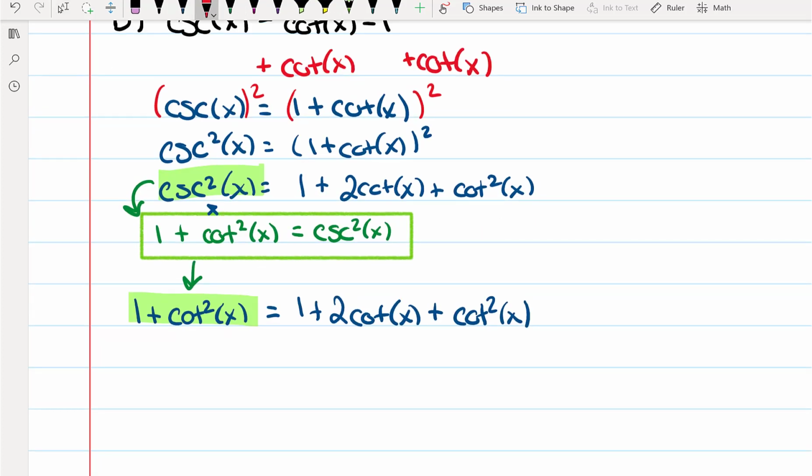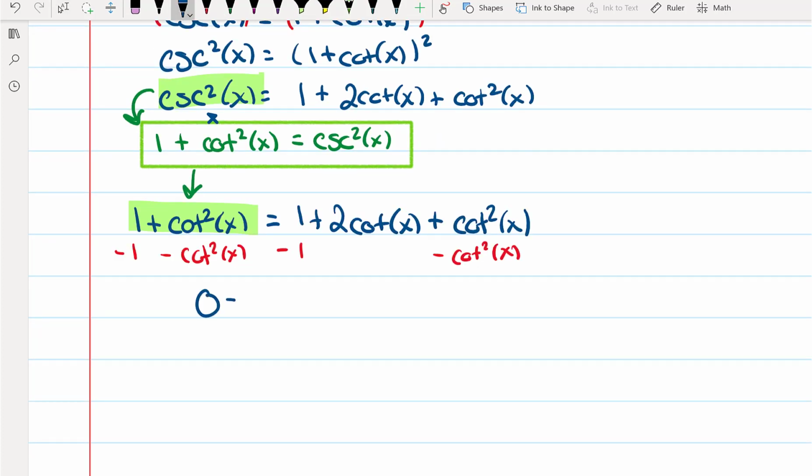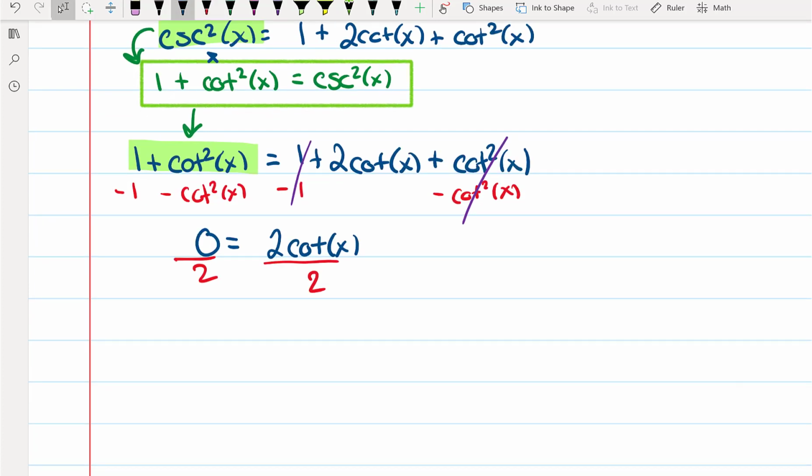Now I want everything on one side, so I'm going to subtract 1 and subtract cotangent squared from both sides. And I'm going to get 0 is equal to... nope, the 1's cancel. So you get 2 cotangent of x. Everything else cancels. So then I divide both sides by 2, and I get 0 is equal to cotangent of x.